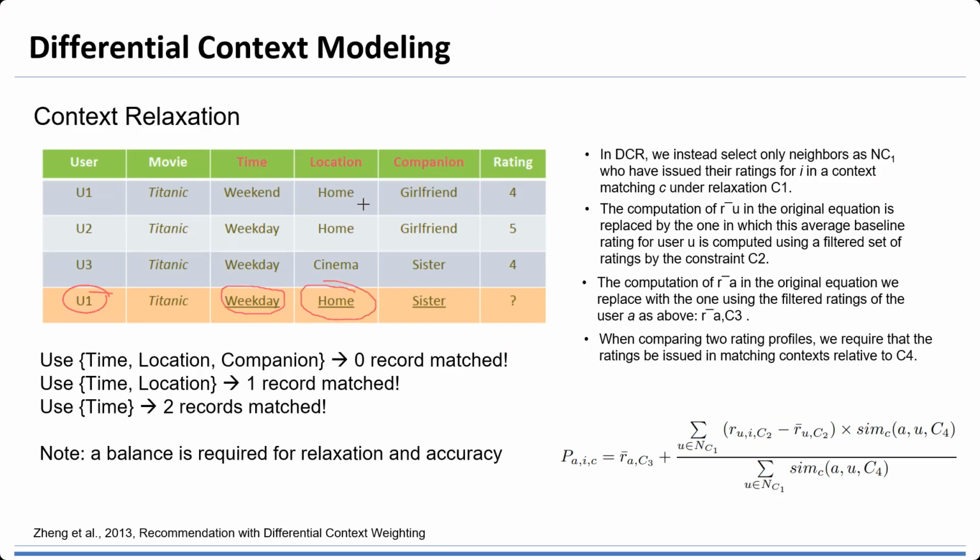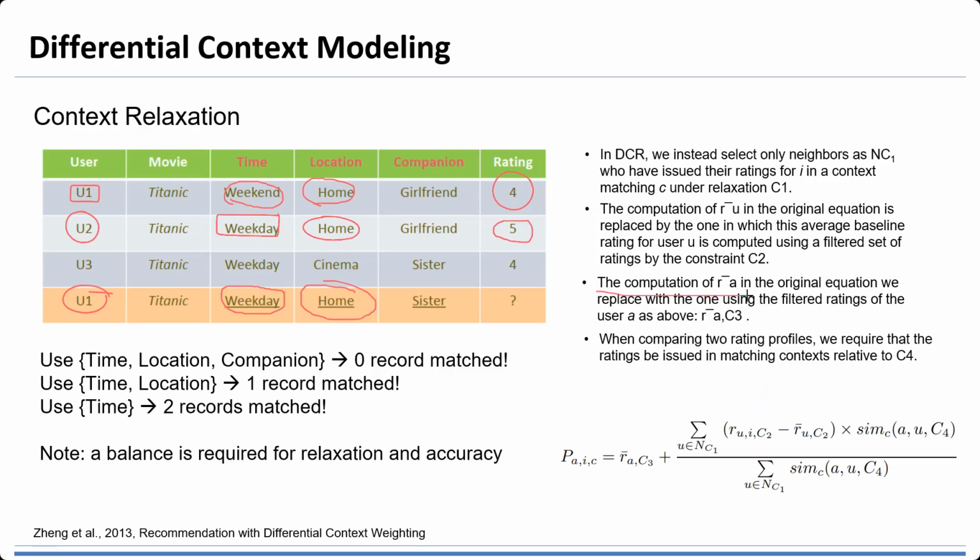Because I don't have a lot of data, I have only user 1, this one is weekend and home, then the rating is 4. If I want to know the average rating of user 2 on a particular constraint or condition, weekday and home, the average rating is 5.